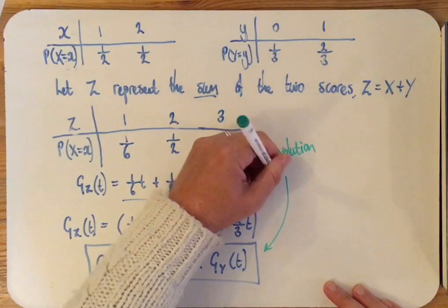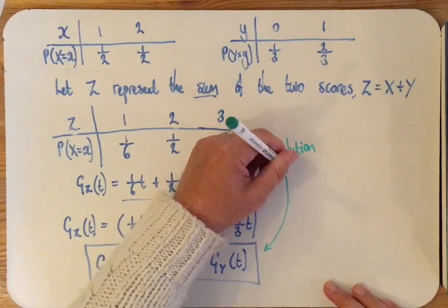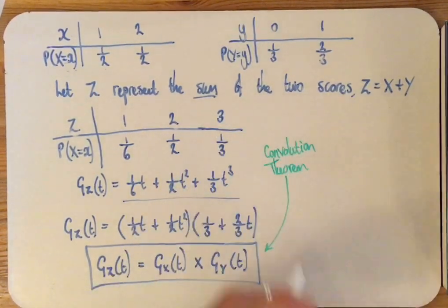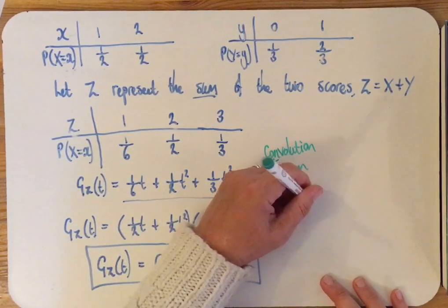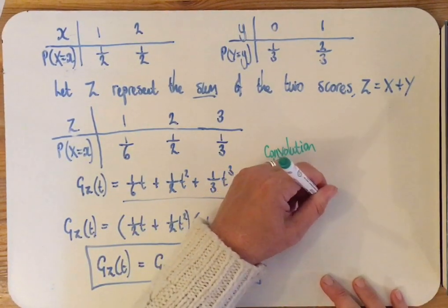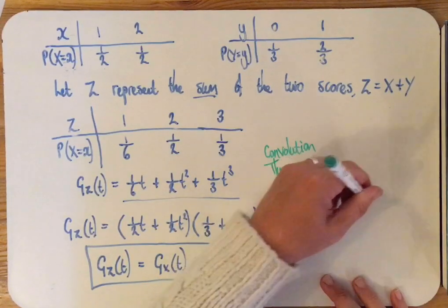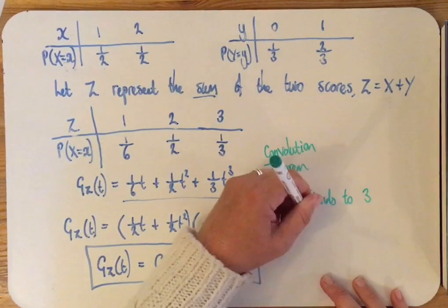The proof is beyond A-level, so we're not actually proving it, but you can see that it works, hopefully, from that sense of independence. And it does extend to 3 or more variables. But again, you won't need this for your exam.